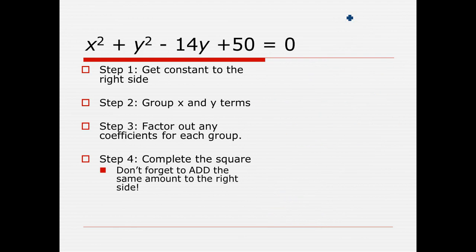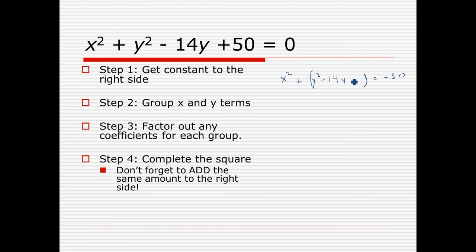Why don't you go ahead and pause the video and try this. Alright, I assume you paused the video. Notice I don't have to complete the square for the x stuff, but I do the y stuff. Negative 14 divided by 2 is negative 7.